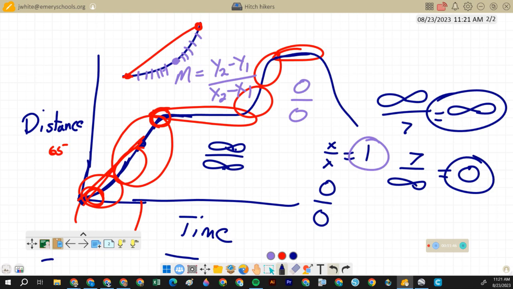So if you have a stick and you cut it so that every single piece has length 0, how many cuts did you have to make? An infinite number. So sometimes 0 over 0 is 1, and sometimes it's infinity, and sometimes it's 0. Sometimes.